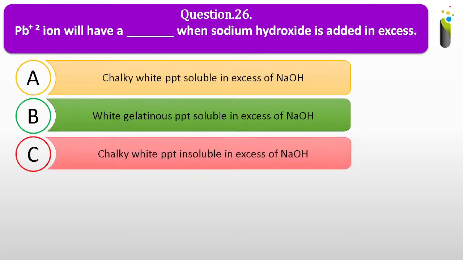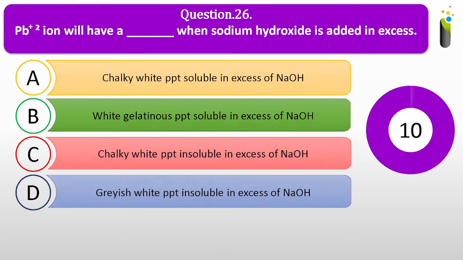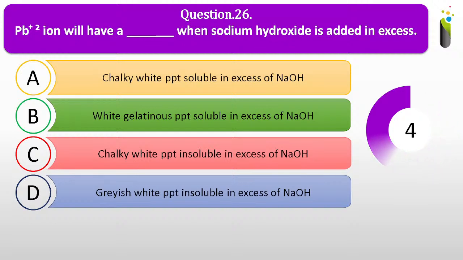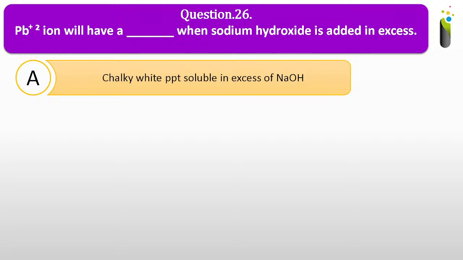C. Chalky white PPT, that is precipitate insoluble in excess of NaOH. D. Grayish white precipitate insoluble in excess of NaOH. And the correct answer for this question is A. Pb plus 2 ions will have a chalky white precipitate.